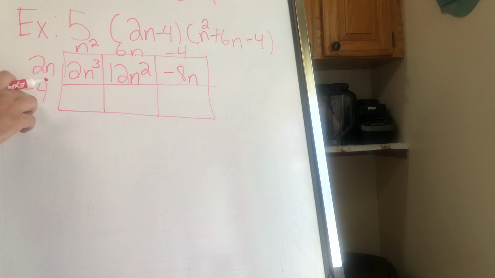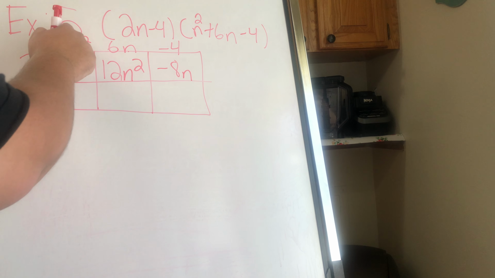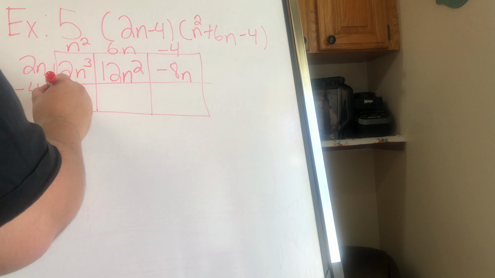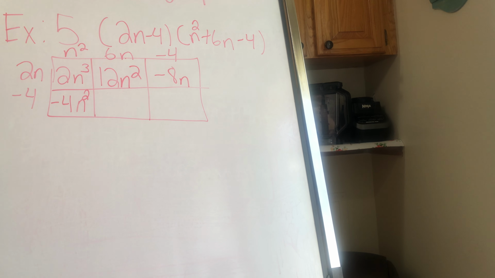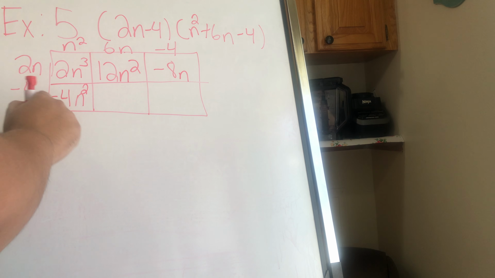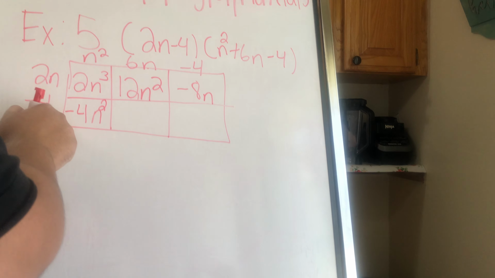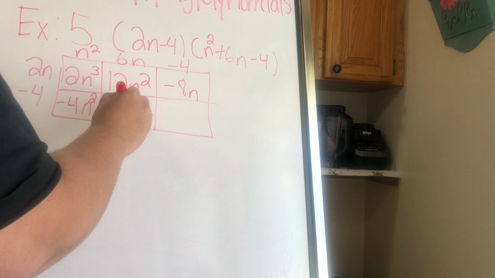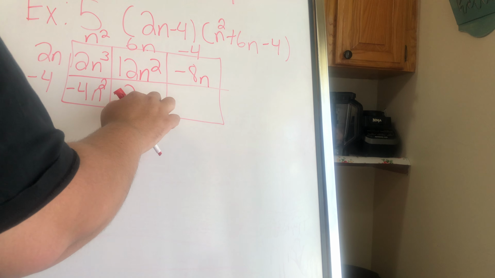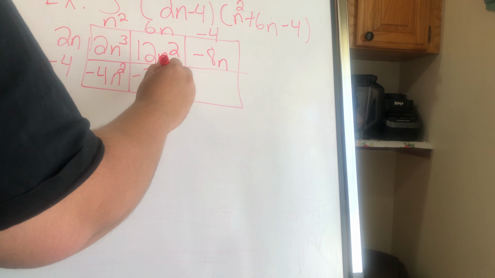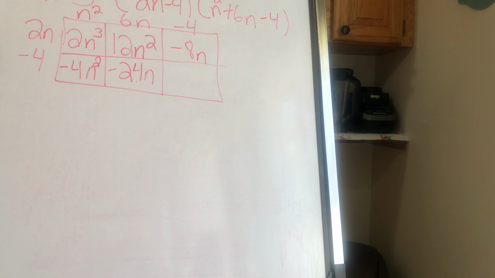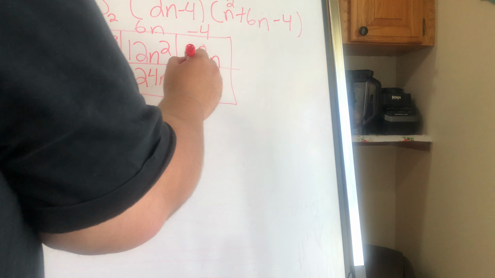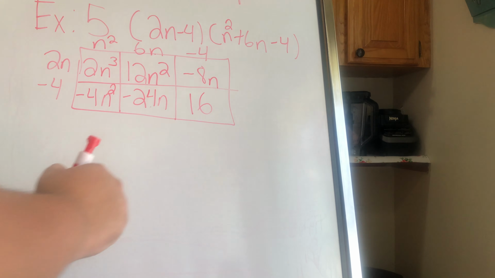Now bottom, negative 4 times n squared, the coefficient is 1, so negative 4n squared. Negative 4 times 6n, once again, that has a base, this one does not, so that'll be negative 24n. Then negative 4 times negative 4, we're multiplying 2 negatives, so that turns into a positive, so 16.